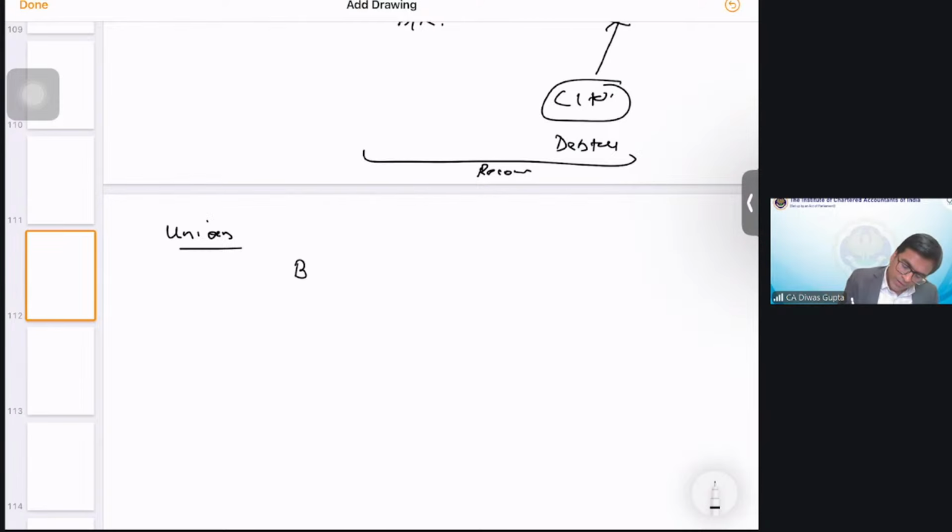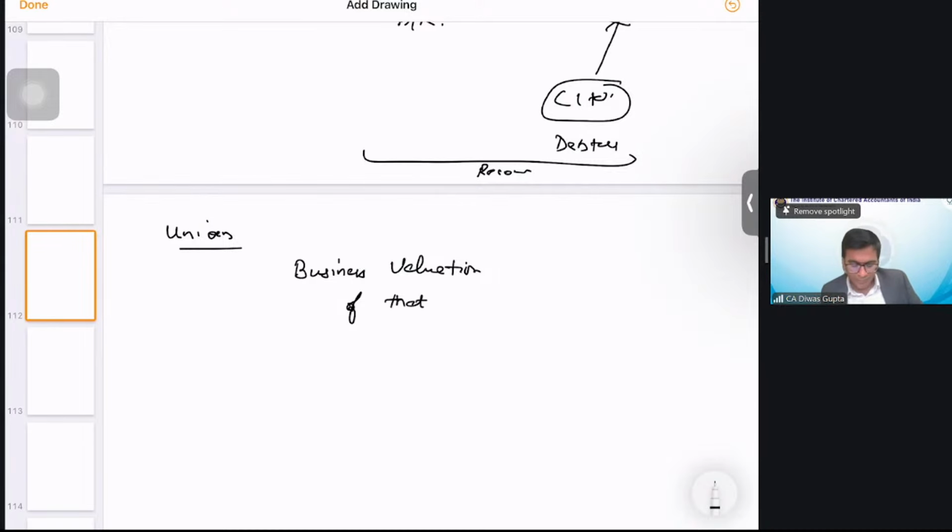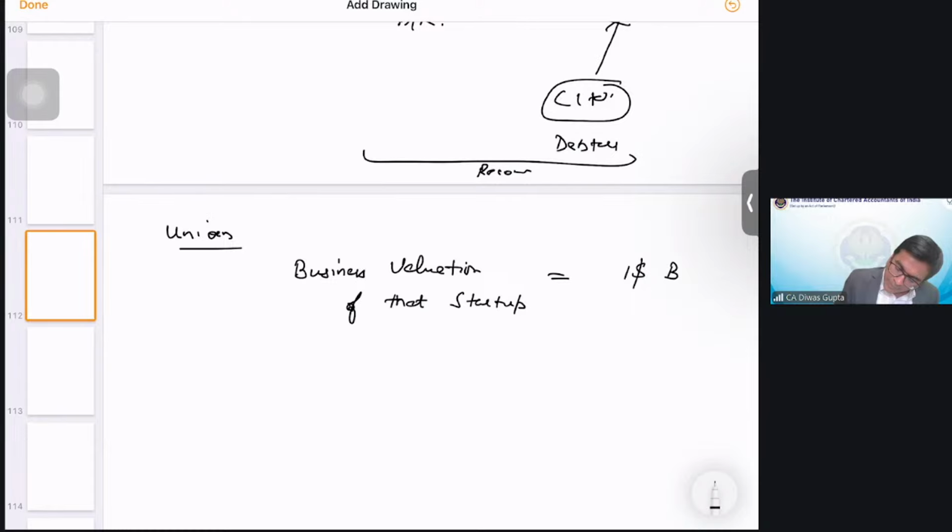So if the business valuation of that startup is $1 billion and it crosses it, then it is called a unicorn.